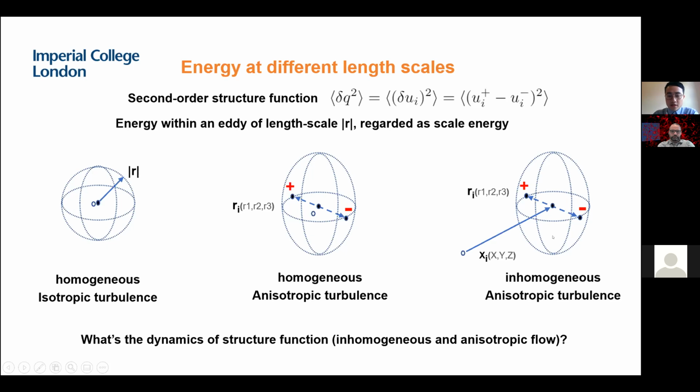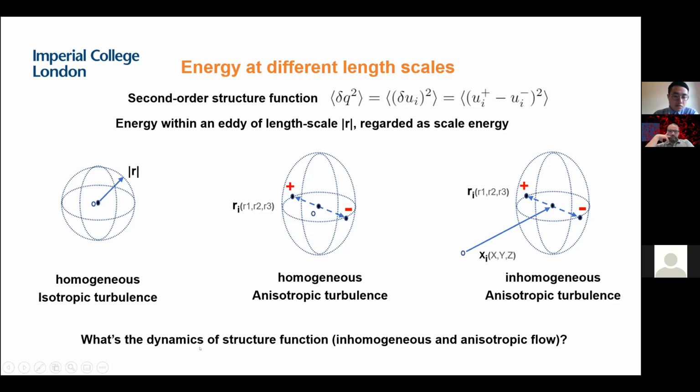The more general case, which is the inhomogeneous and anisotropic turbulence, the eddy relies on both the separation between the 2 points and also its location. And the location here is represented by the middle point of the coordinates of the 2 points. So it has 6 dimensions in total. And this is the case we're interested in.